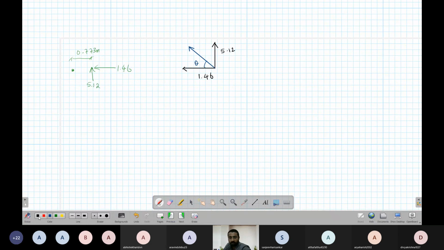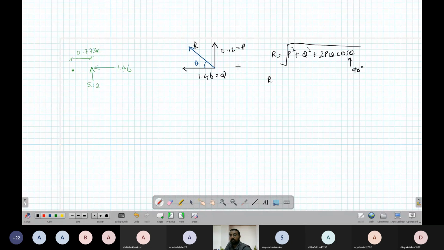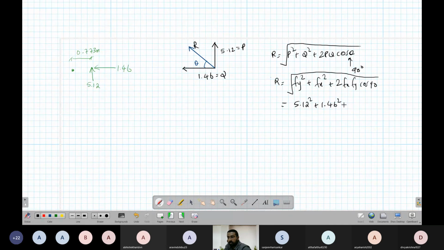How do you find it? The resultant is the square root of P squared plus Q squared plus 2PQ cos theta. Theta is 90 degrees, so cos theta is 0. In our terms, R equals the square root of Fy squared plus Fx squared plus 2FxFy cos 90. So this equals the square root of 5.12 squared plus 1.46 squared plus 0.